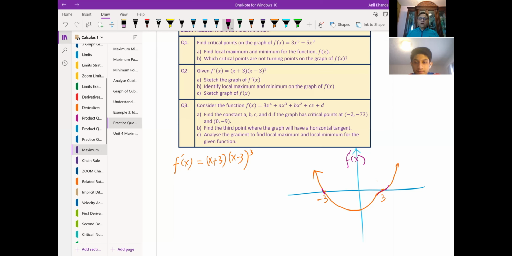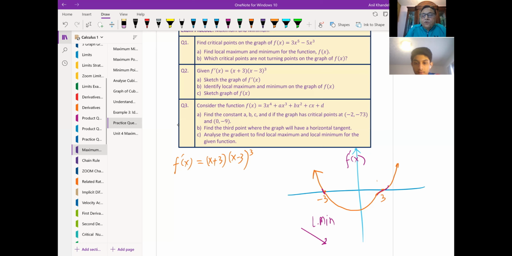Now, you got a local maximum or minimum where? Local minimum, sir, at -3. Explain why. Because the rate of change goes from positive to negative at -3, sir.